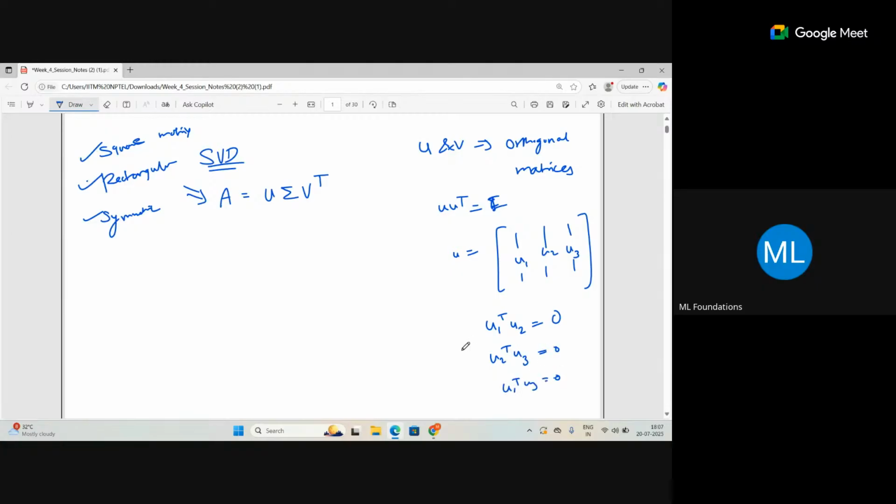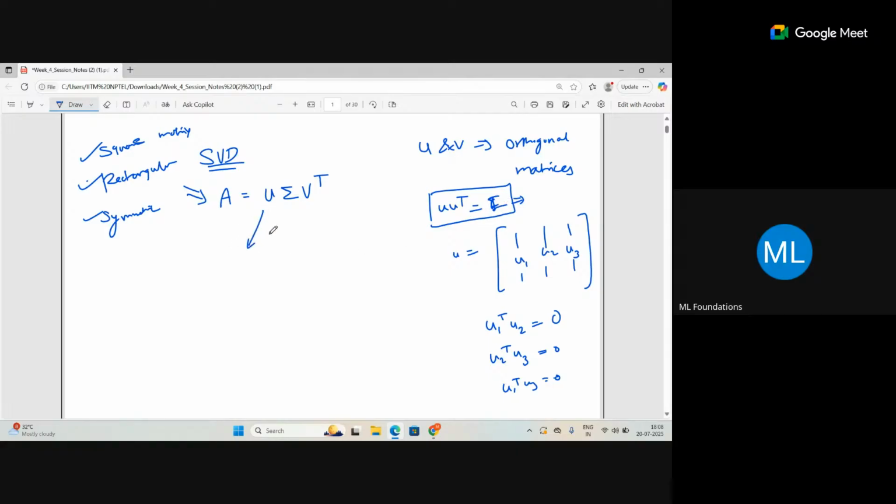So the dot product between the columns of these matrices has to be 0. This also satisfies U transpose U equals I, which holds when they are orthogonal or orthonormal matrices. I think we haven't spoken about orthonormal, but that is fine.